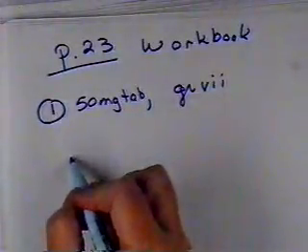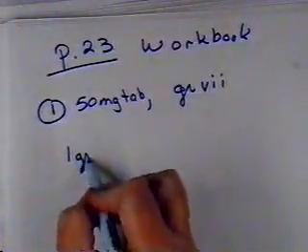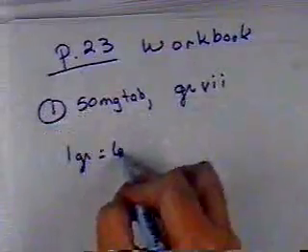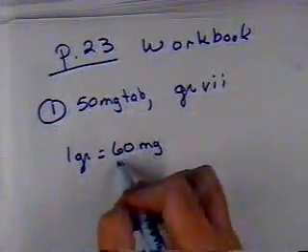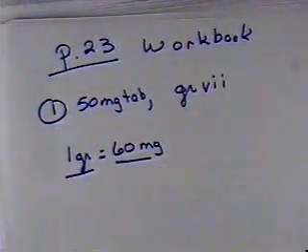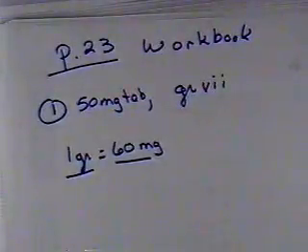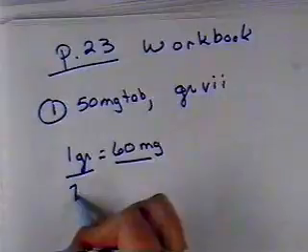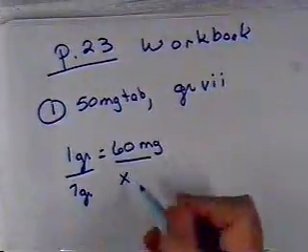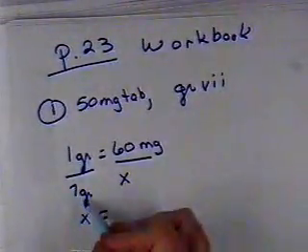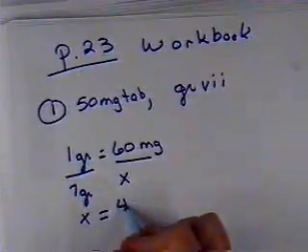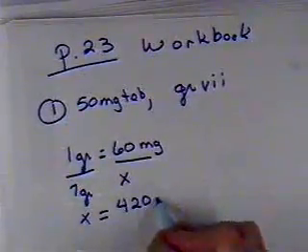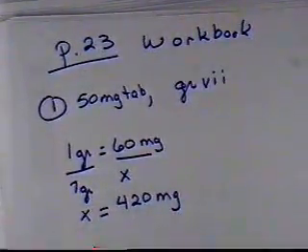The conversion is 1 grain is 60 milligrams. If 1 grain is 60 milligrams and I'm supposed to give 7 grains, X is 7 times 60 milligrams.